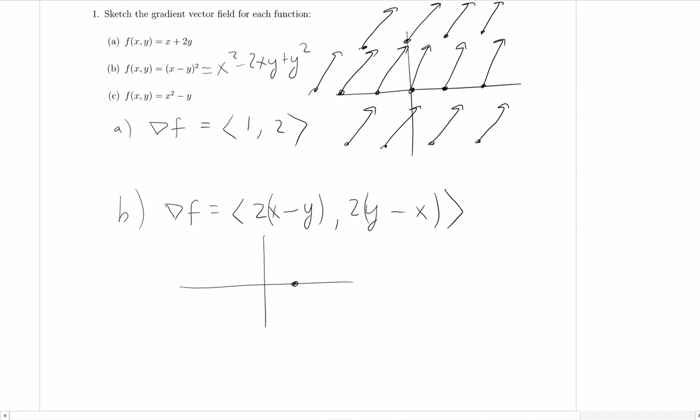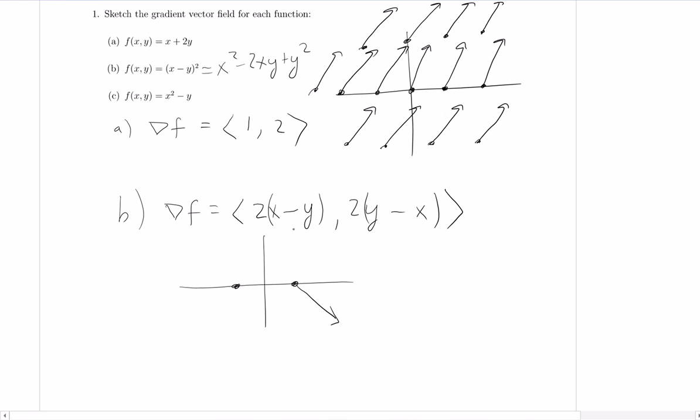So let's take this point for instance, 1, 0. So here it will be 2, negative 2. So it will point down and to the right. How about if we pick minus 1, 0?